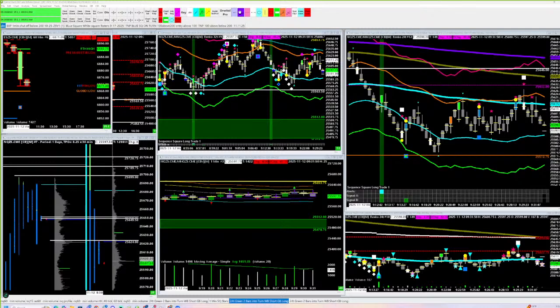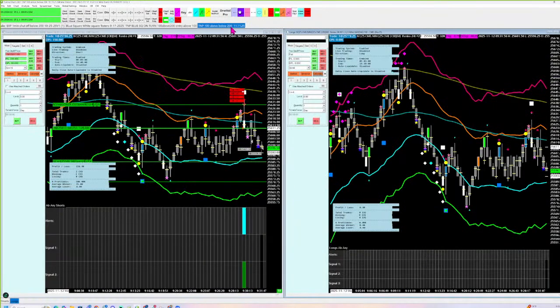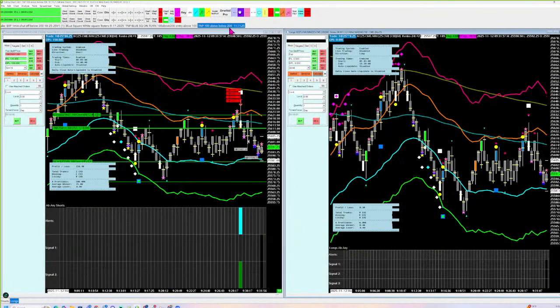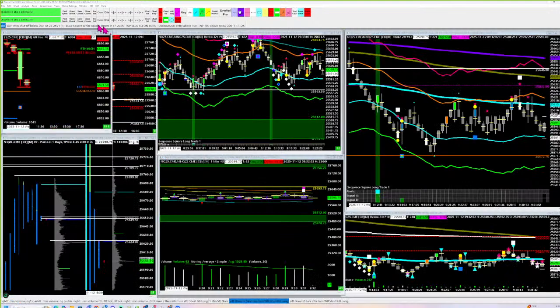Now, what a cluster on the chop. This is what I mean by it's very frustrating to trade when these guys are coming up. There's scale two. Let's see if we get 3 and 4.